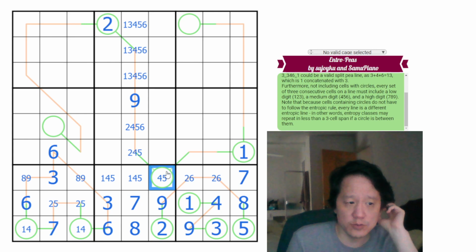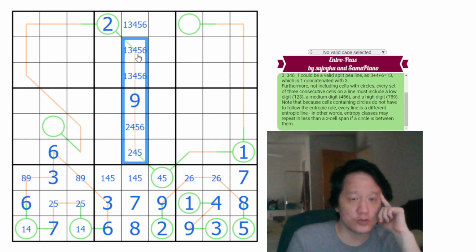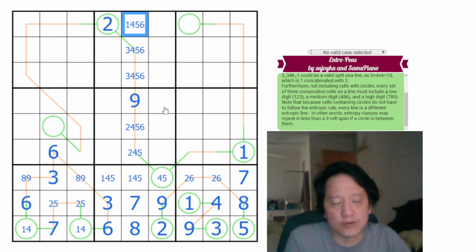So it could be 2 plus 2, 3, 5, 6. Or it could be 2, 3, 4, 6. So this is 2, 3, 5, 6 or 2, 3, 4, 6. So either way, the 3 is here, so this cannot be 3. So 2, 3, 5, 6 or 2, 3, 4, 6.